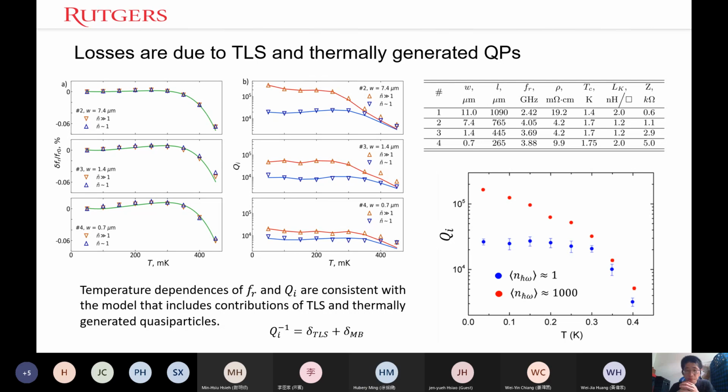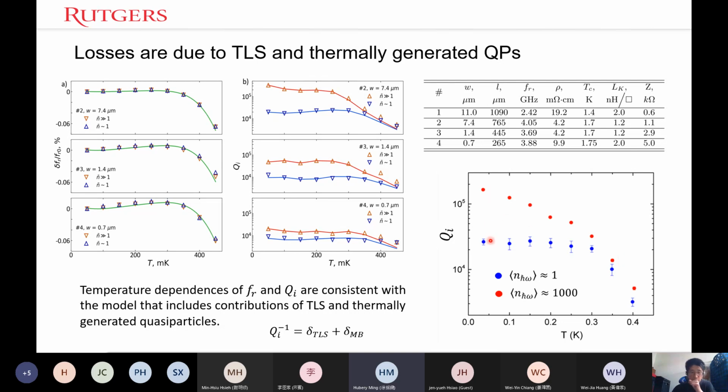Yes. So you need the photon to stabilize the two-level system, or it's more like you excite the two-level system such that it's no longer taking any more energy from your resonator. By excite, I mean it's equally populated in the 0 or 1 state in the two-level system, and you will not take any more energy from your resonator. So that's why we usually see higher internal quality factor at higher photon number.